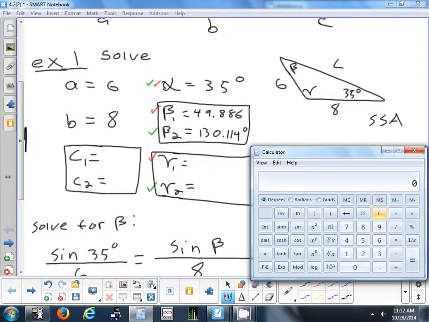So if you know 2 out of 3 angles in a triangle, how do you get the third one? You just drop the others from 180. All right, so to get gamma 1, take 180 minus alpha minus beta 1. So gamma 1 is 95.114.